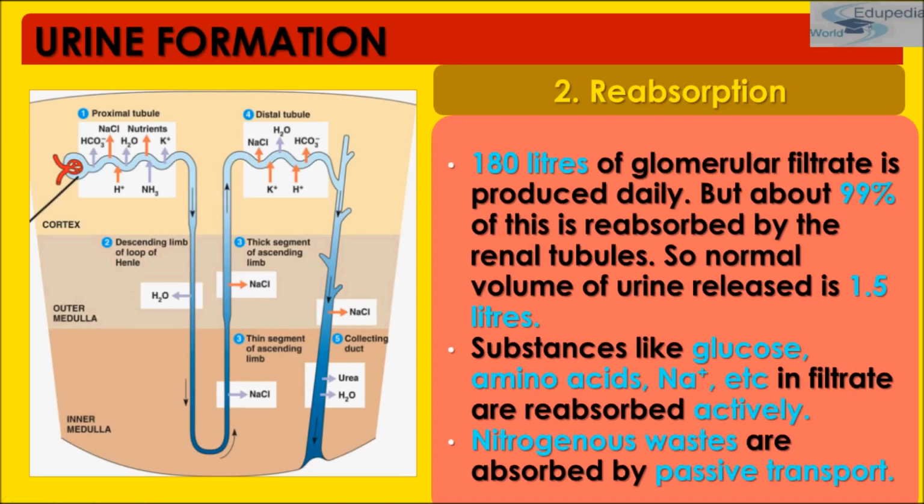As the filtrate passes through the ascending limb, the electrolytes are reabsorbed actively or passively into the medullary fluid, and the filtrate becomes hypotonic. The filtrate in the descending limb was hypertonic, but when it comes here, it becomes hypotonic.